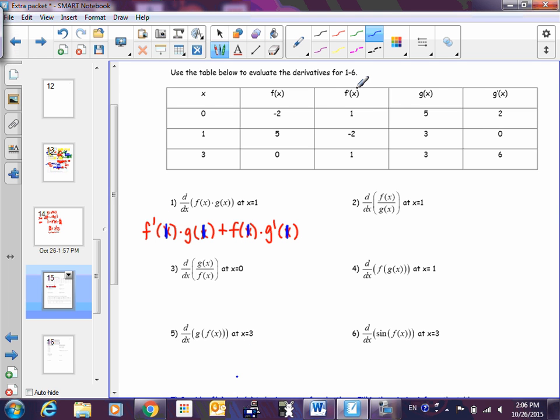So f prime of 1, you want to look in the f prime column in the 1 row, and you want to find the intersection of the 2. So that's going to be a -2. So go ahead and find the other values. And although you don't have to simplify, let's practice it because these are most likely going to be multiple choice on the test.